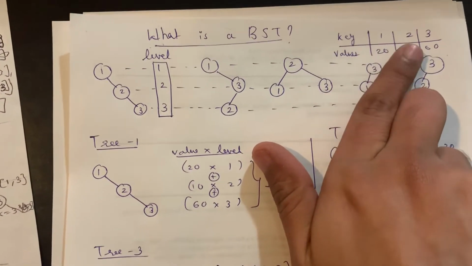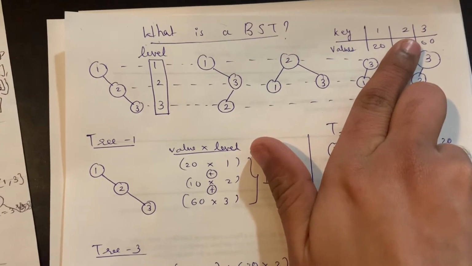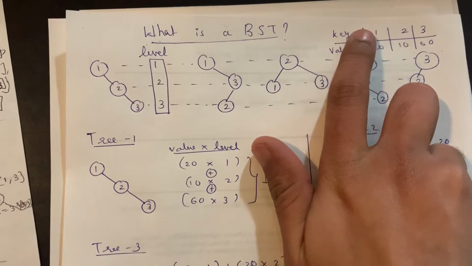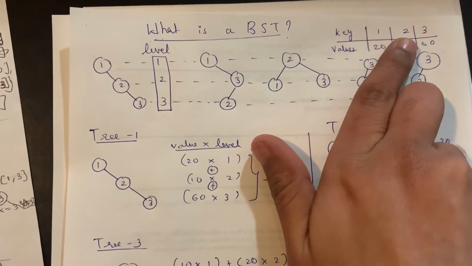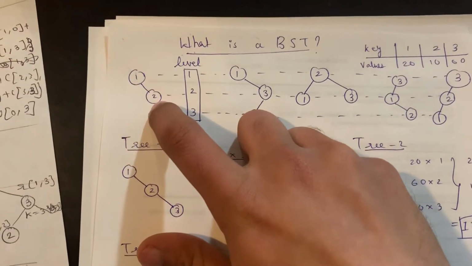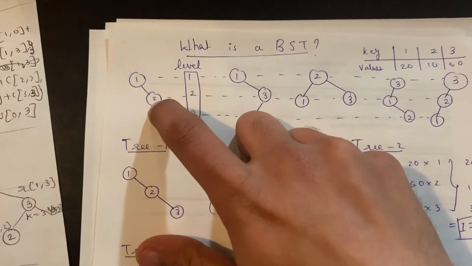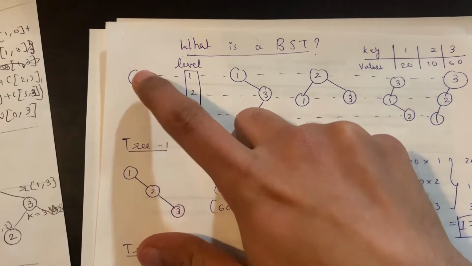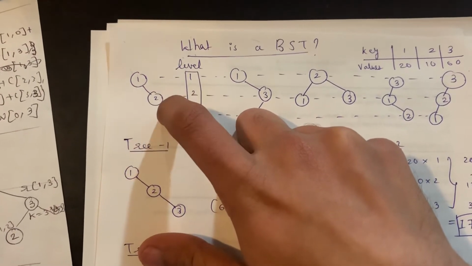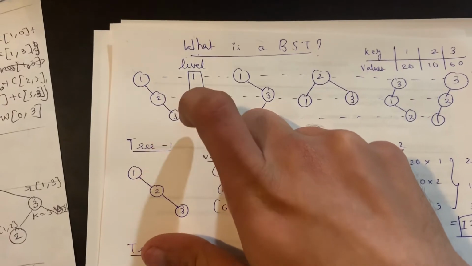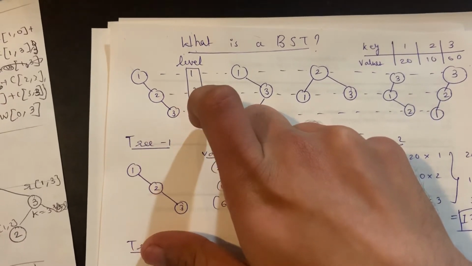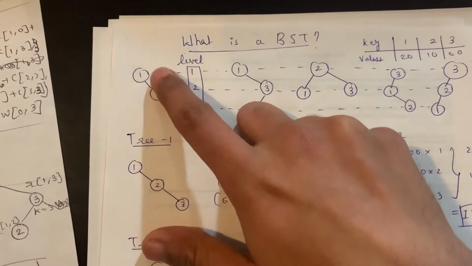Values do not concern us at this point. We're only concerned about the numerical order of the keys. So key 2 is greater than 1, so it goes on the right. Key 3 is greater than 1, so it should be on the right. On the right there's key 2 already, and 3 is greater than 2, so it will go on the right of 2 as well, and that's how the tree looks.